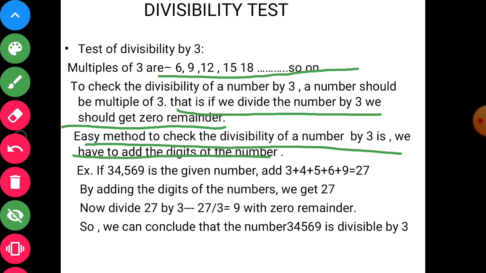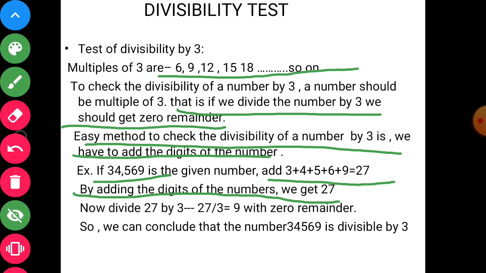Now let us see one example. 34,569 is the given number. Add the digits of this number, that is 3 plus 4 plus 5 plus 6 plus 9, which equals 27.